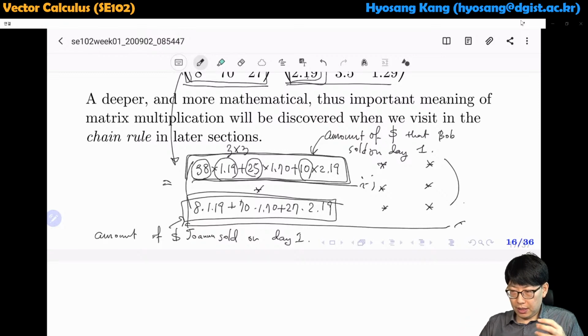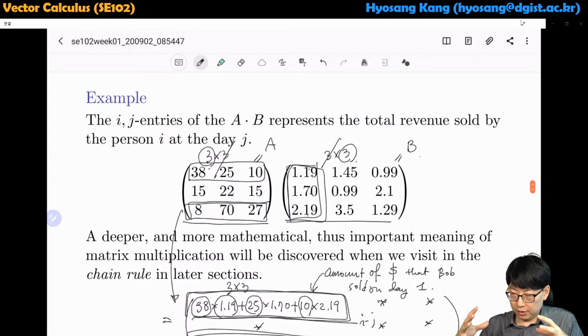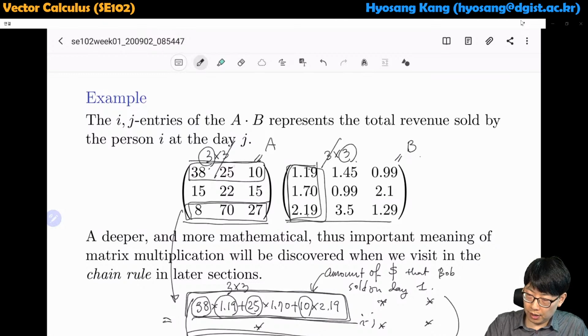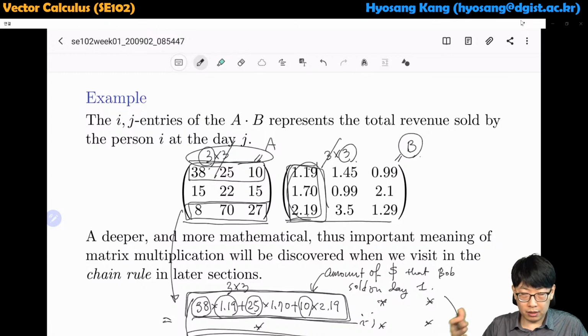So if you have the same meaning for two entries in the matrices, here the columns of matrix A represent the items, and the rows of matrix B represent the same items in the same order, then you can have a meaning for the multiplication of the two matrices A and B. And usually this is the most important thing when you think about the applications of matrices, or in machine learning.